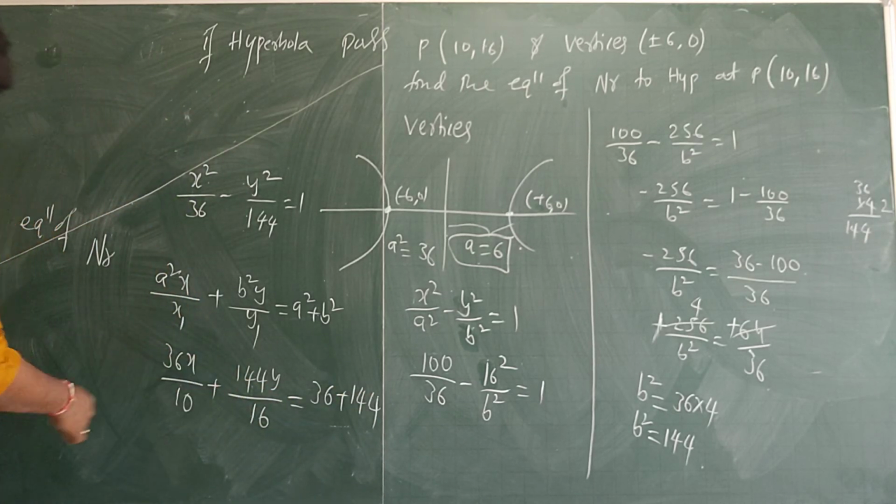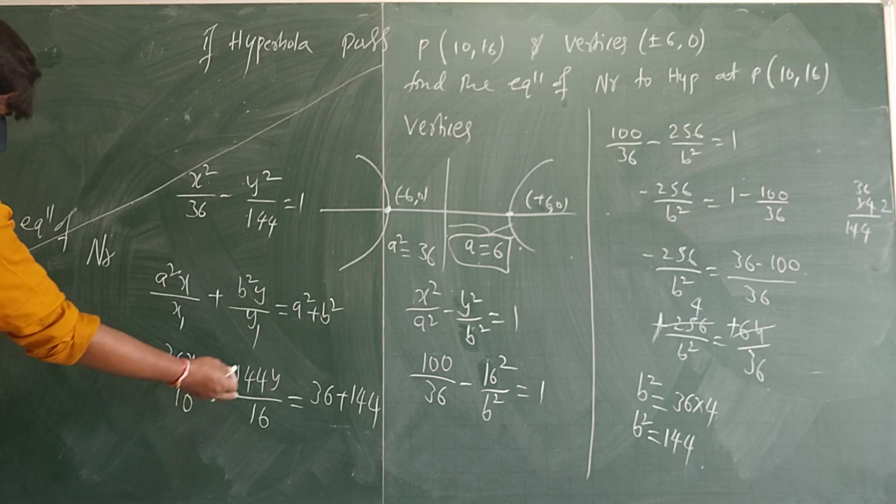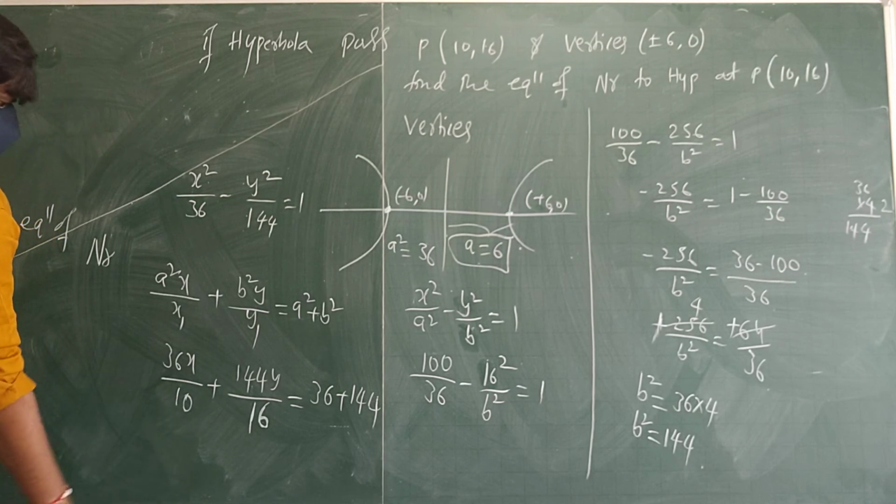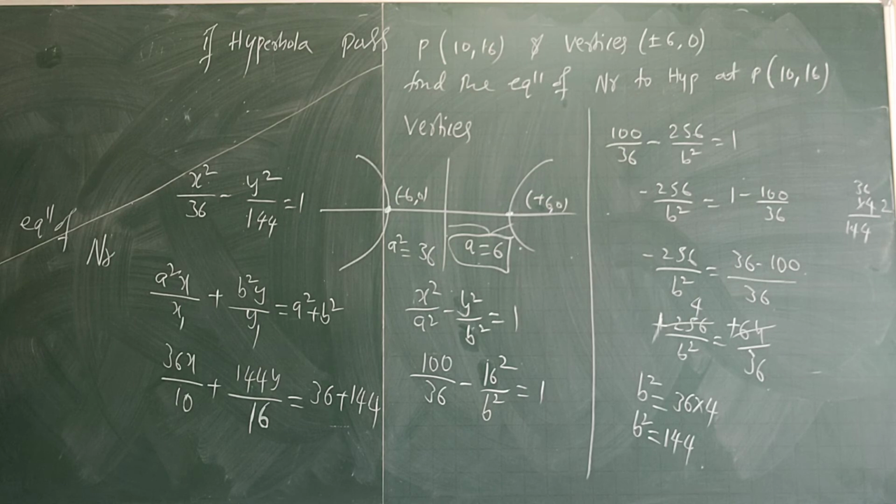This is the equation of the normal. You just simplify this, anybody can simplify, and you will get the line equation.